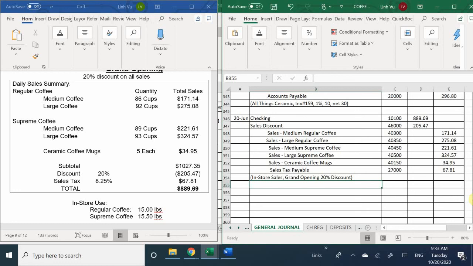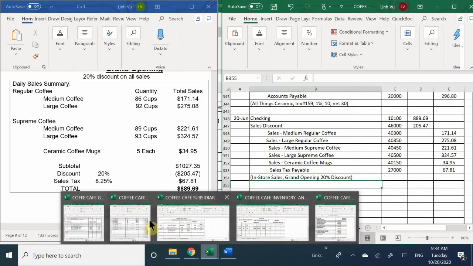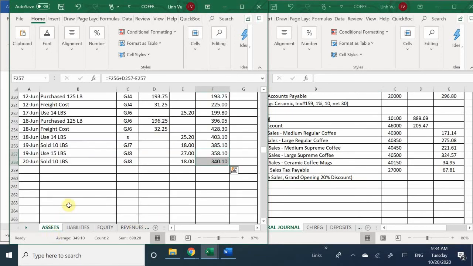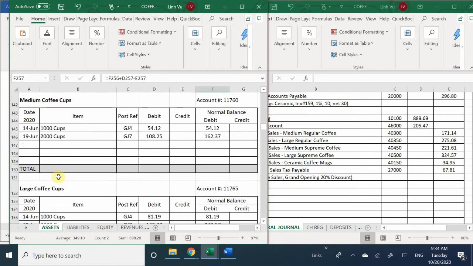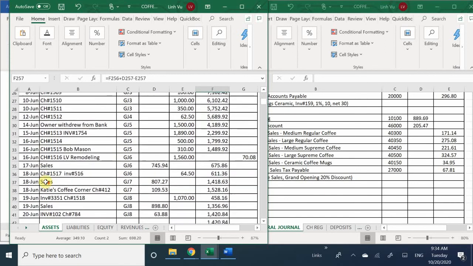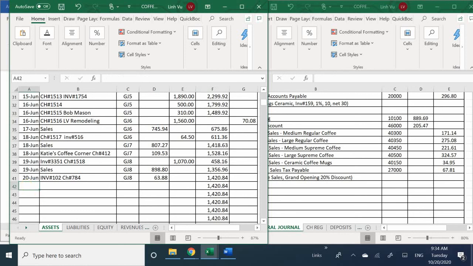All right, now what? What's next? Now we post to our ledger. All right, let's go to our ledger. So where are we going to start first? Checking. What are we going to put in our notes?